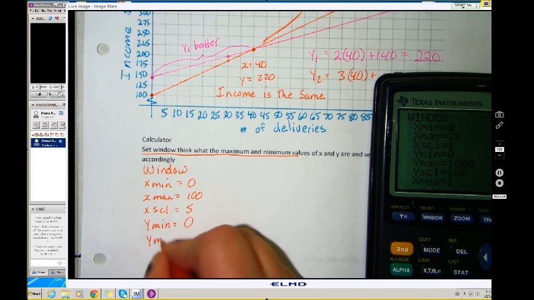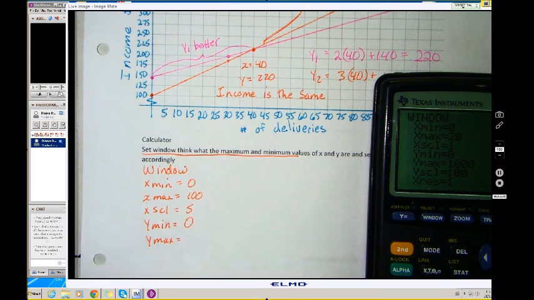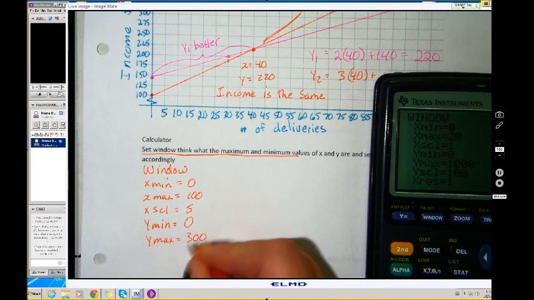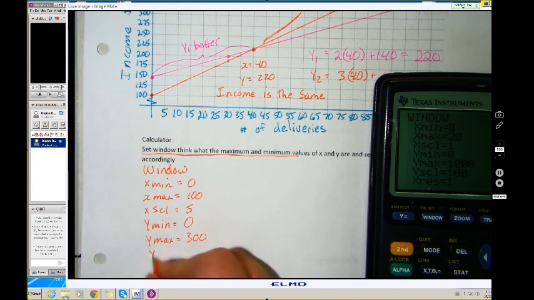Our Y max, what income, we could go up to 300 on the graph, or if you want to do a little more, you could. We'll put 300. And then the Y scale, we could put 25. And the resolution, you don't need to worry about that. You can just leave it as 1.